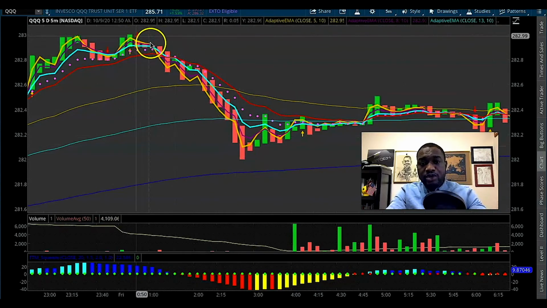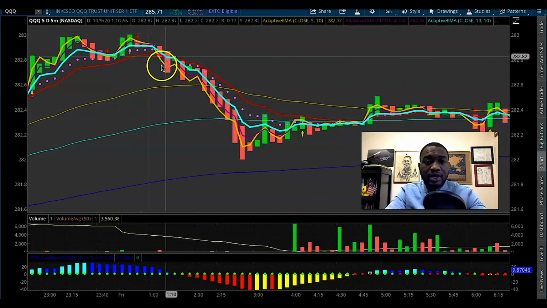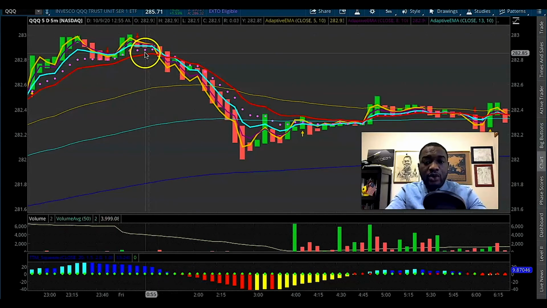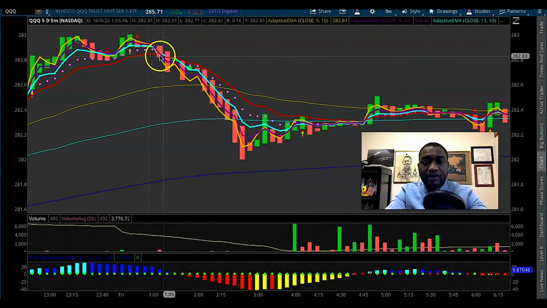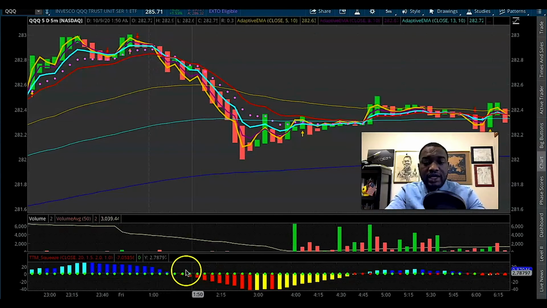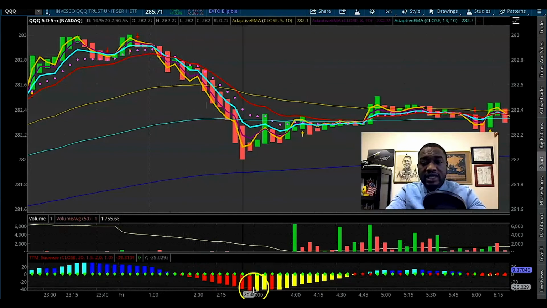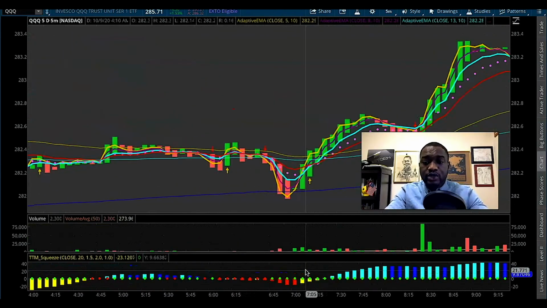So this would be a good time to short, right? The first signal will be when the MACD indicators show up. Then when the EMA is below the 15 moving average, you can take a trade, and then you just keep an eye on the TT squeeze and see how it forms. Then you just go from there.